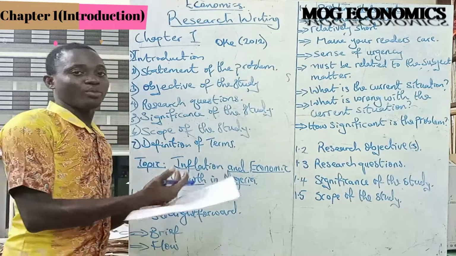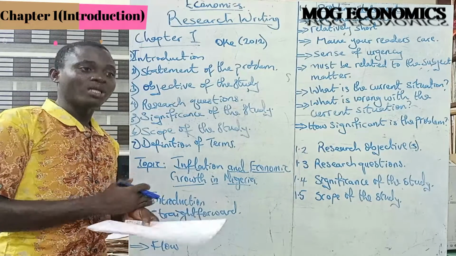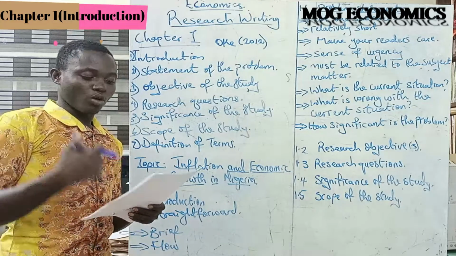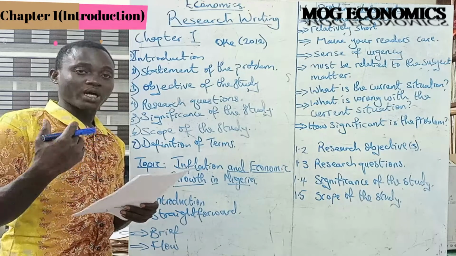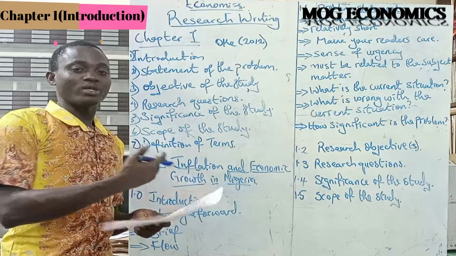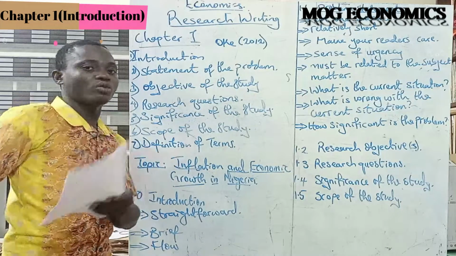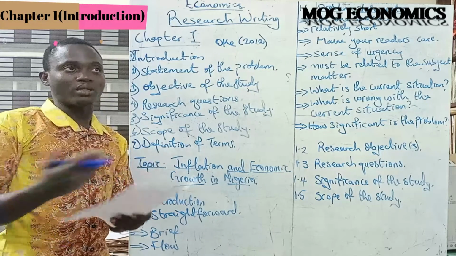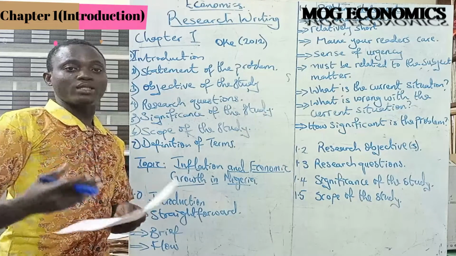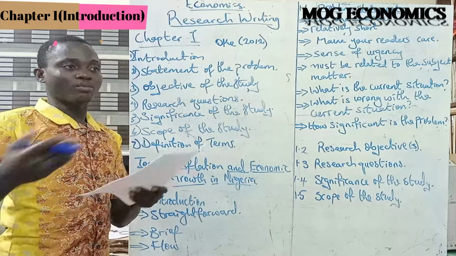So you talk about policies that have been implemented to curb inflation. If you're talking about something good, there have been policies to foster that particular phenomenon. So then you can move to say the federal government of Nigeria, in 2016, according to Oyedokun 2017, implemented social policy to curb inflation.